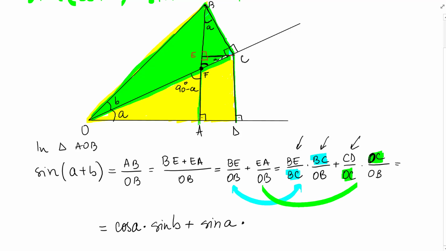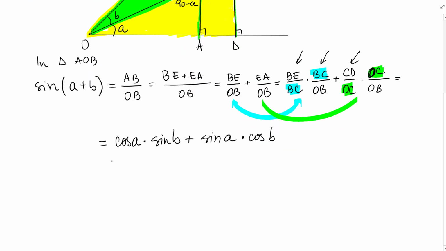OC and OB are sides in the triangle OCB. So OC is the adjacent side and OB is the hypotenuse of angle B. So cosine B. So if I rearrange it and I write this term first, it's going to be sine A times cosine B plus cosine A times sine B. So it's exactly what we wanted to prove.